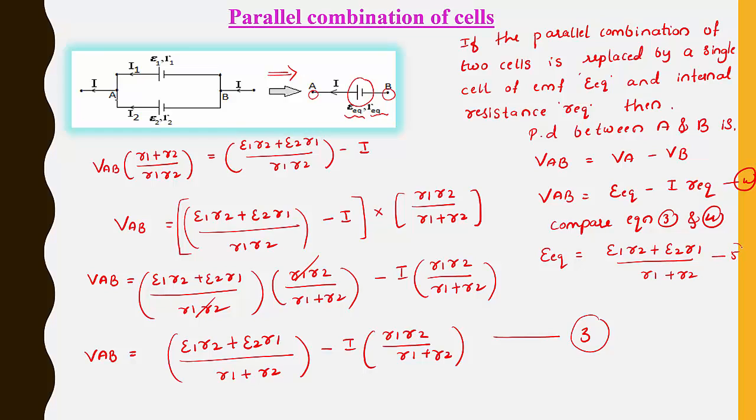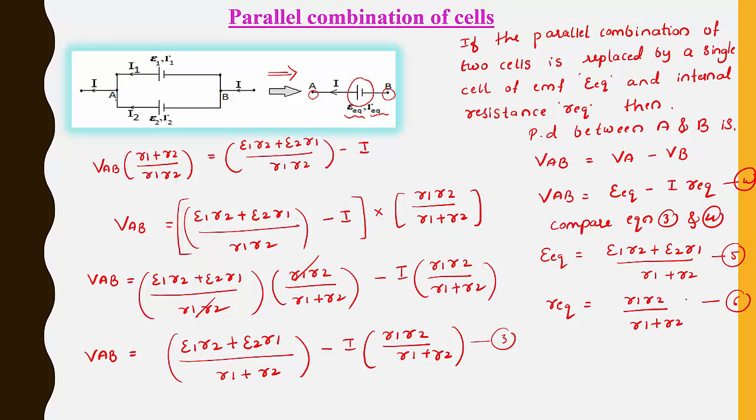Let us take it as equation 5. Similarly, I can write REQ is equal to, comparing equations 3 and 4, observe carefully, REQ equal to R1 R2 divided by R1 plus R2. Let us take it as equation number 6.